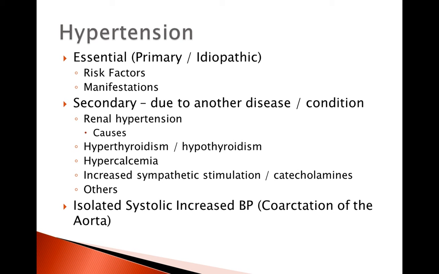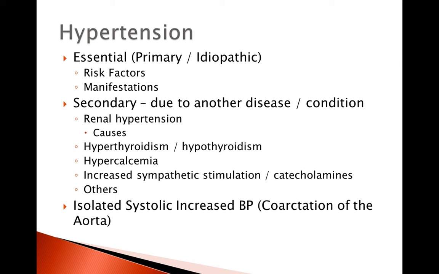If there's a narrowing there, that increases the pressure in the aorta itself, and therefore the systolic pressure must rise in order to meet that demand to get the blood flow out. So it's a particular problem for the upper part of the body, and therefore with coarctation of the aorta, you'll often find in this situation you have a higher blood pressure in the upper part of the body.